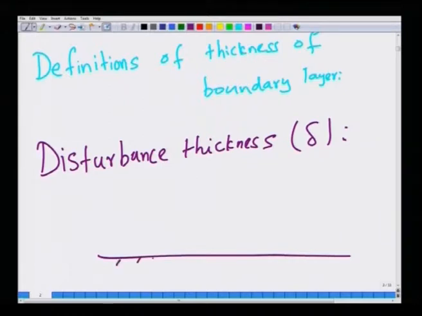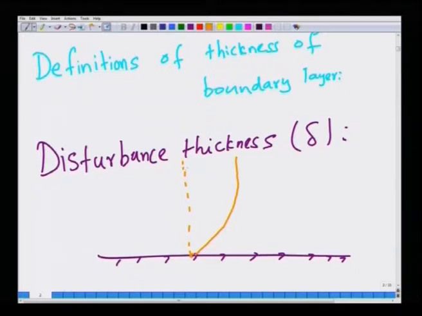Suppose I draw the velocity profile in flow past a flat plate. Now, the velocity will be the free stream velocity far away from the flat plate, and it will go to 0 at the flat plate, at the rigid surface itself. But the way in which the velocity approaches the free stream velocity is not abrupt, it is only gradual or asymptotic. So, there is no single point where the velocity is exactly equal to the free stream velocity, it slowly approaches the free stream velocity.